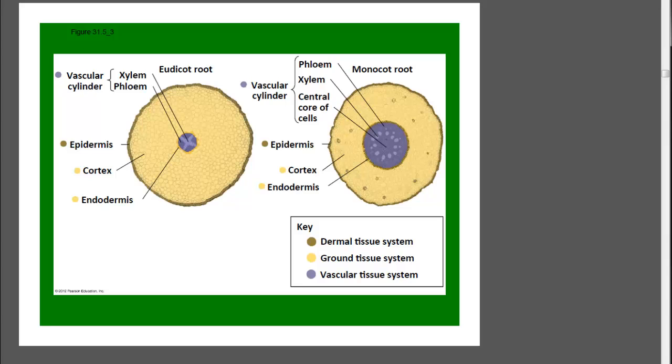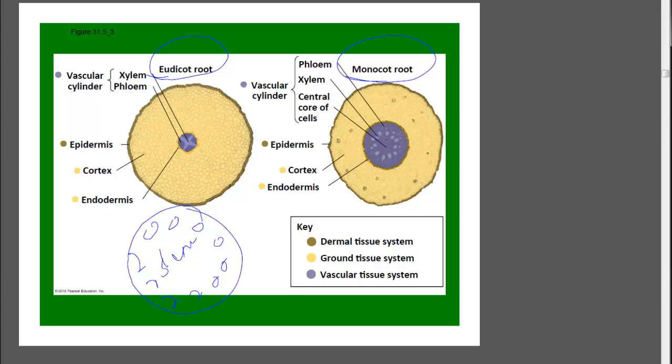In roots, on the other hand, the dicot root and the monocot root, things look a little bit different to us. Remember, in our dicot stem, our vascular tissue are in those bundles around the outside, right? Okay, so if this is our stem. But in our monocot root, we now see a much more organized structure.